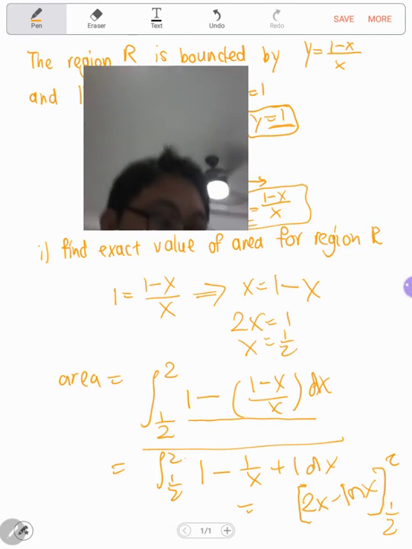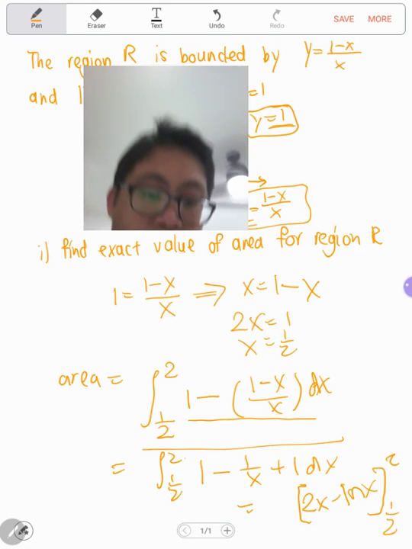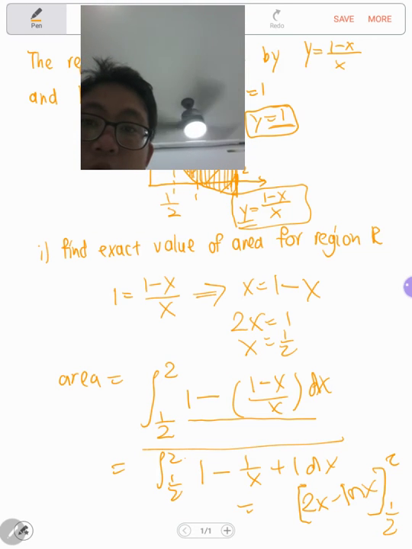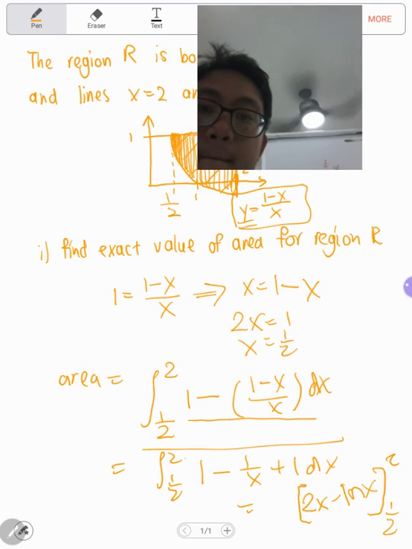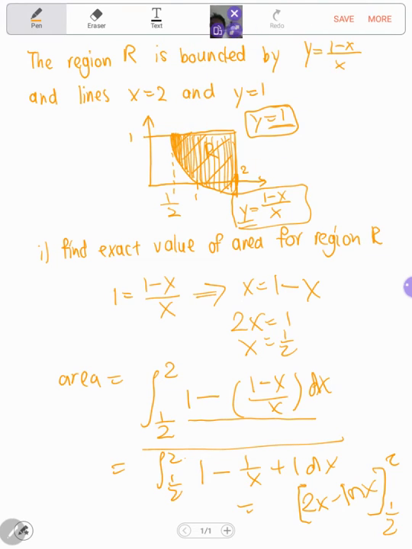So I'll just make this small and do it here. I erase this part, which was for finding the intersection, and repeat what I did quickly.